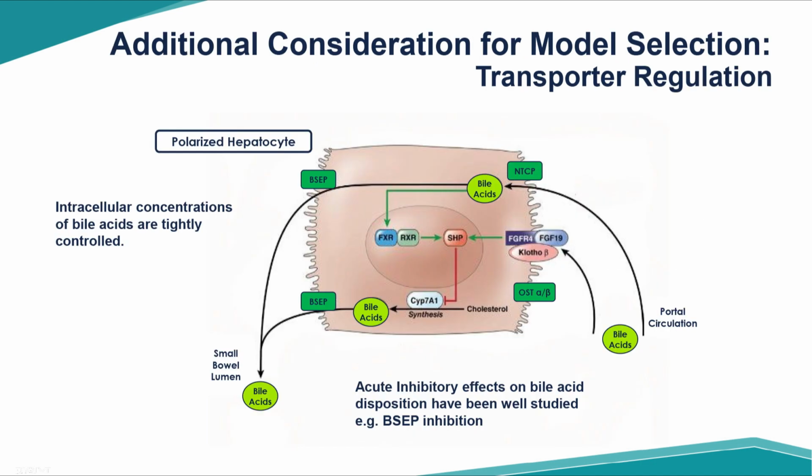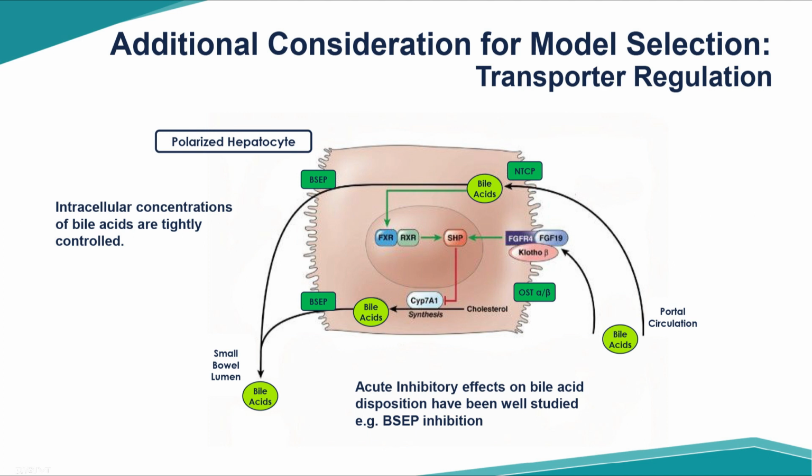And so in addition to selecting the right model and using protein in the media, there's another area that we wanted to consider, and this is, as I mentioned earlier, transporter regulation.